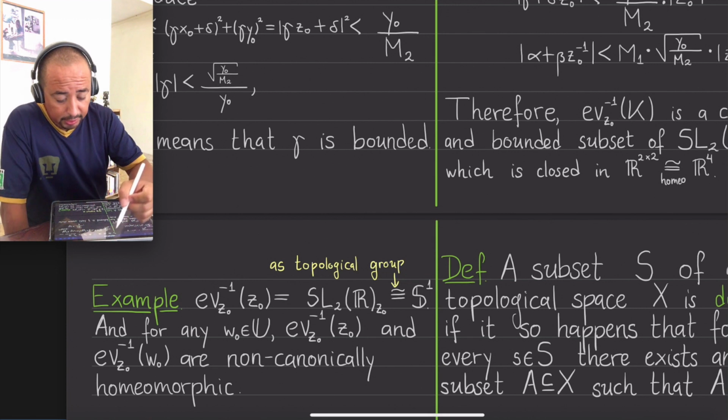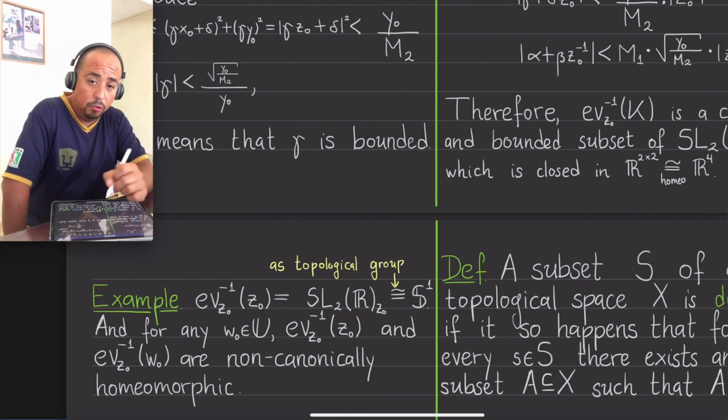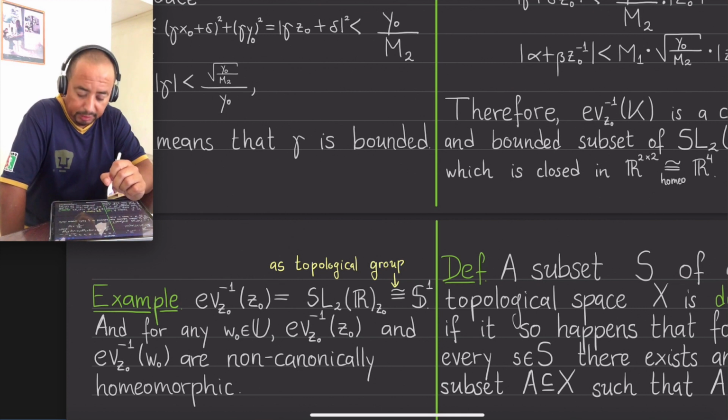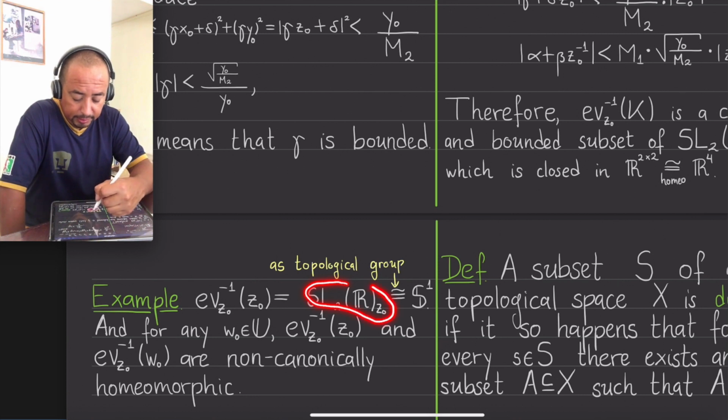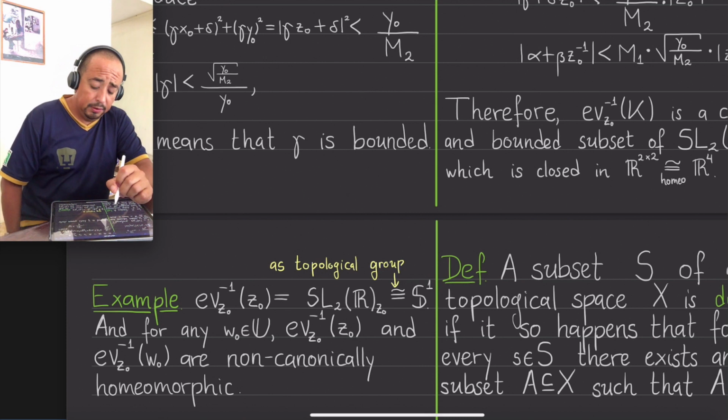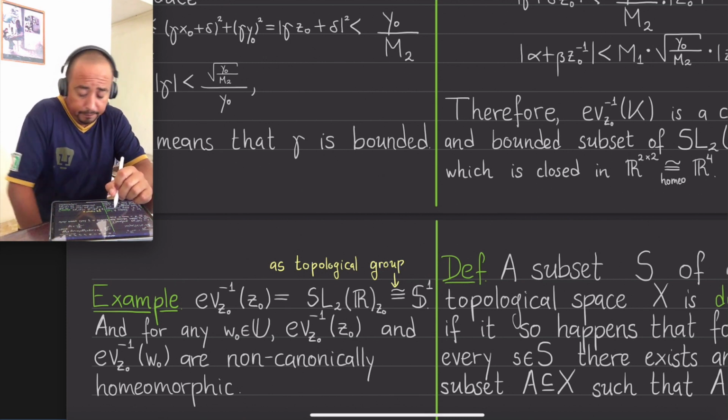So it's kind of the stabilizer of z naught in SL2R, according to the action of SL2R in U given by Mobius transformations. Well, if you think about this, this one is S1, right? The matrices whose associated Mobius transformation fixes Z0 form S1.